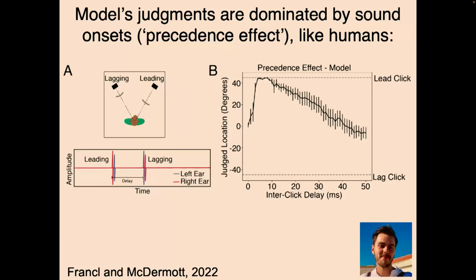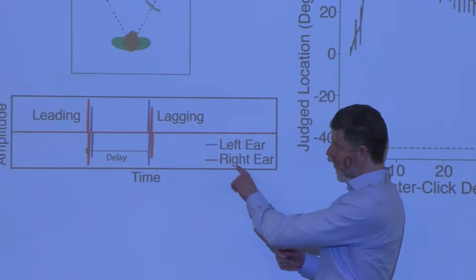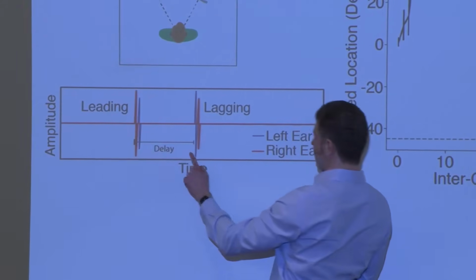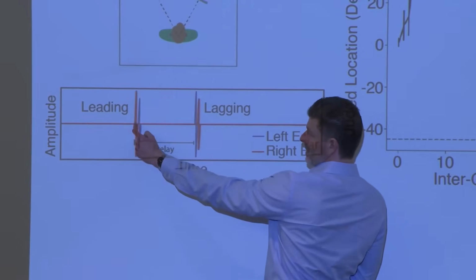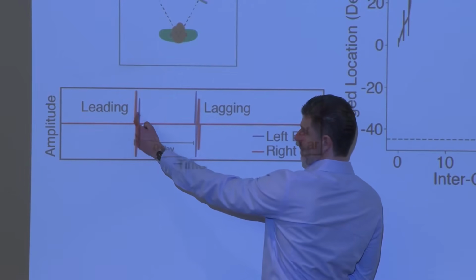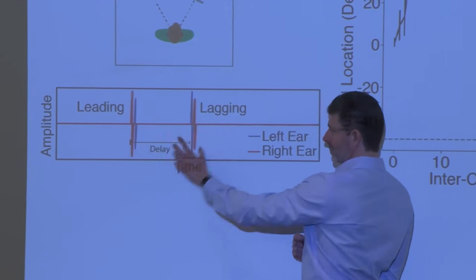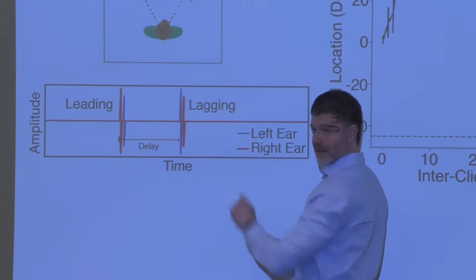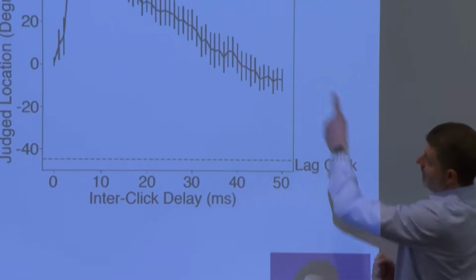And so this is the binaural audio, the signal for the left ear, the signal for the right ear. And so the leading click here, the first one, is coming from the right. So you can see this small time difference between the right ear and the left ear. The lagging click, the one that comes second, is coming from the left. So you can see the left ear's signal arrives a little bit before the right ear. Okay?